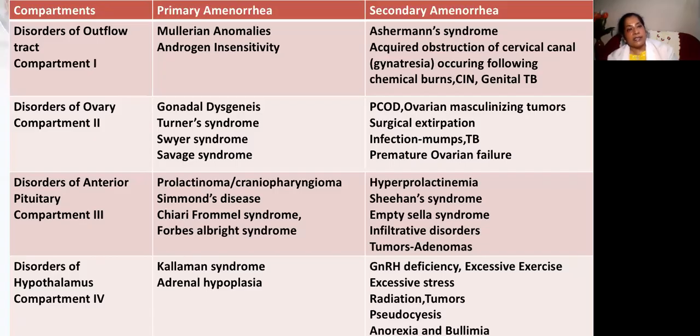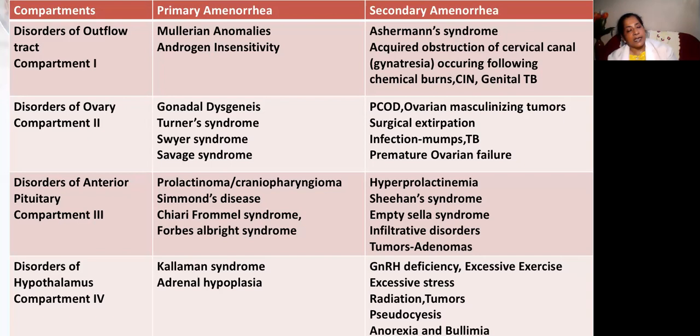Now, this is a chart showing the various causes of primary and secondary amenorrhea. They can be divided into four compartments. The first compartment includes disorders of the outflow tract, which could be Mullerian anomaly or androgen insensitivity in primary amenorrhea, or Asherman's and acquired obstructive conditions in secondary amenorrhea.